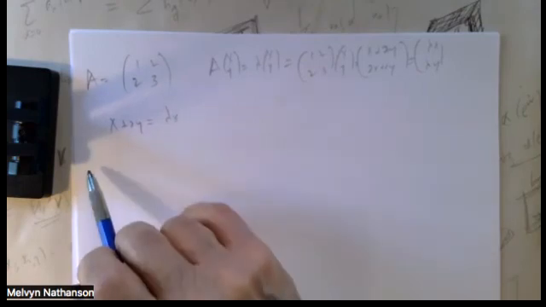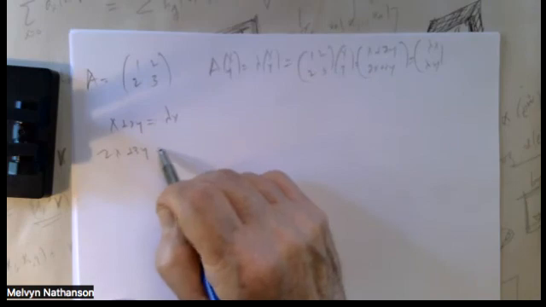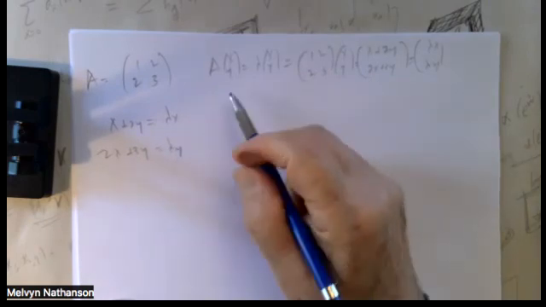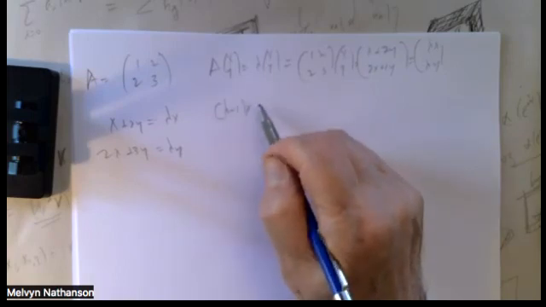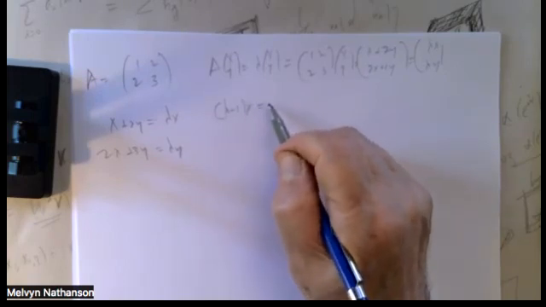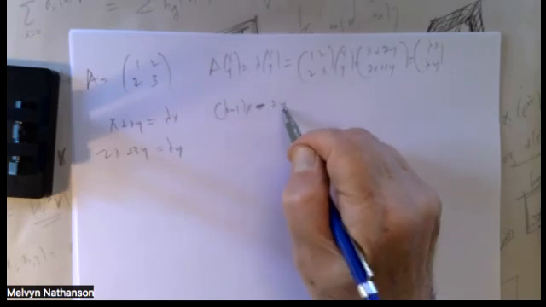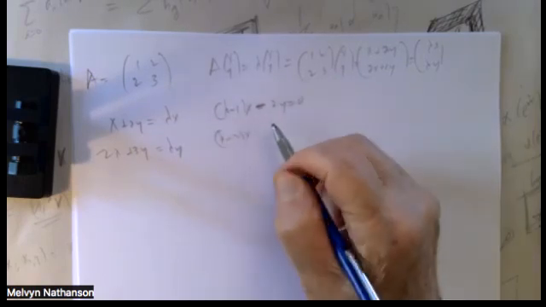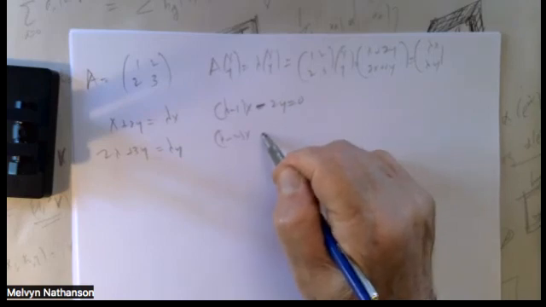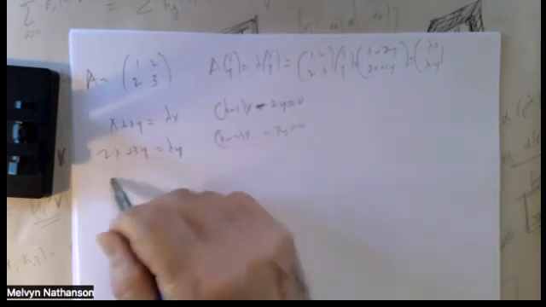So x plus 2y equals lambda x, 2x plus 3y equals lambda y. Again, this is the same as saying that (lambda minus 1)x minus 2y equals 0, and minus 2x plus (lambda minus 3)y equals 0.